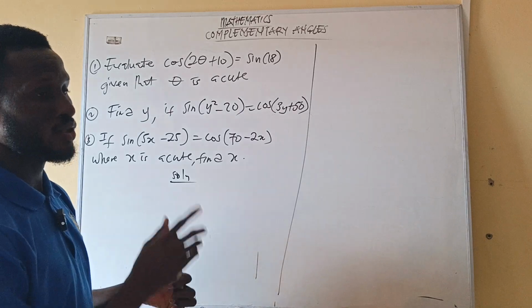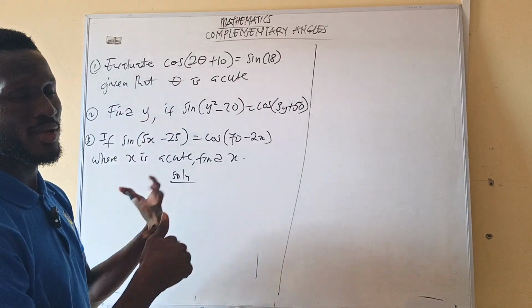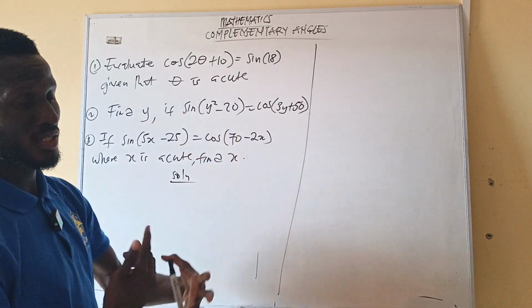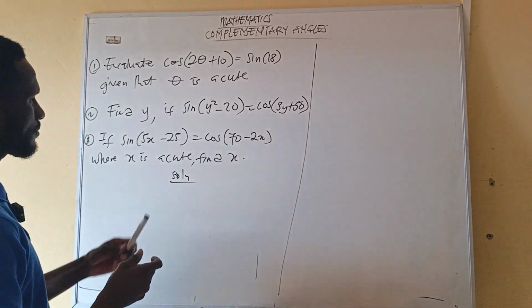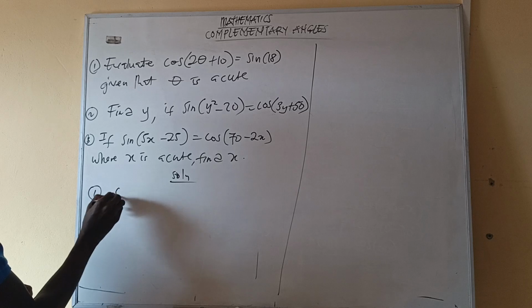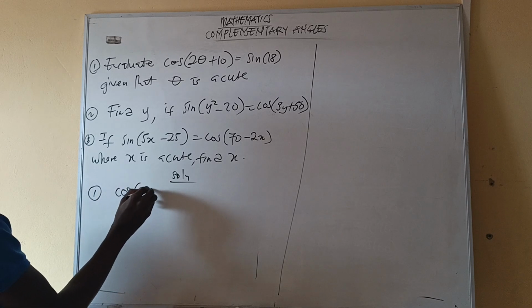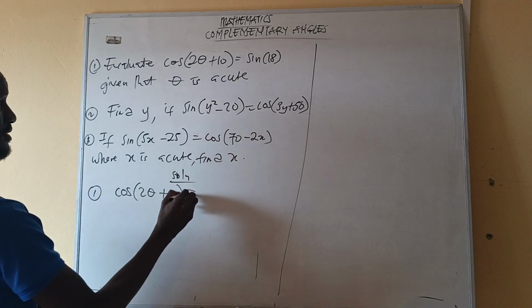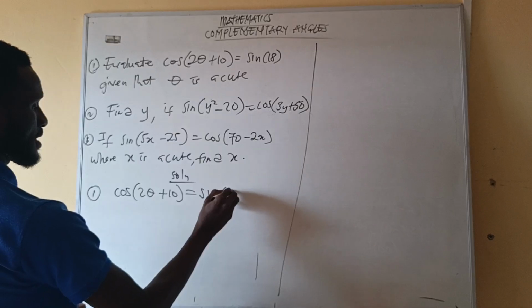Don't forget that we have talked about it previously about how we can find the cos inverse and the sine inverse and those things. Now, so what can we do here? Now, question 1, I have cos 2 theta plus 10 is equal to sine 18.